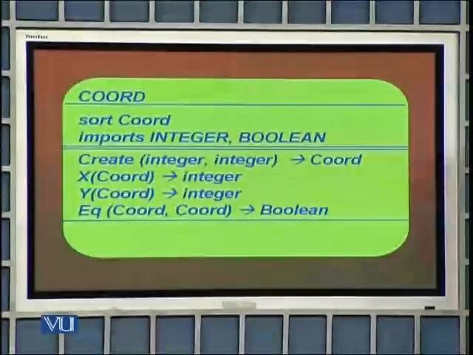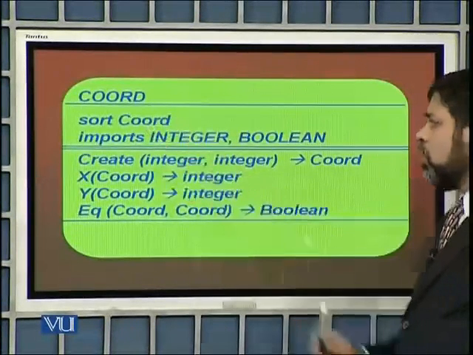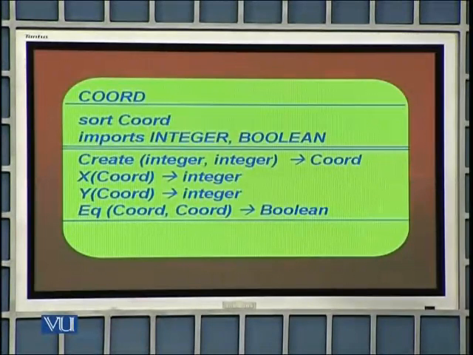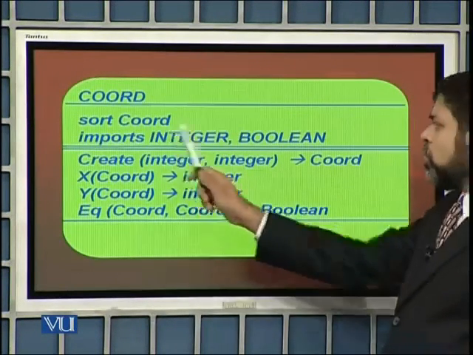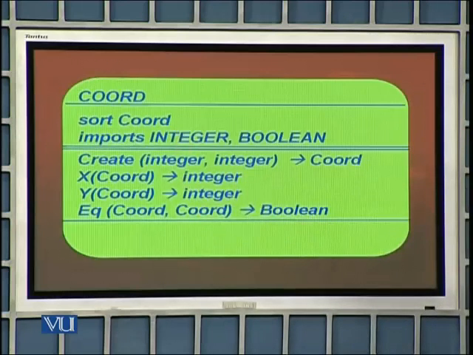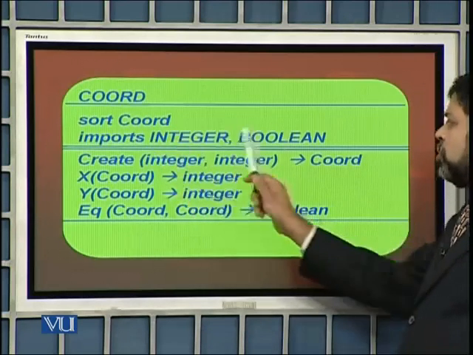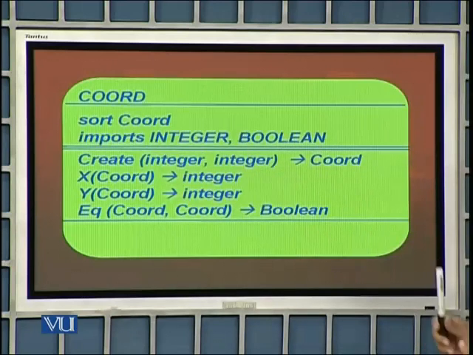In this particular example, we have the specification of a coord. This is a coordinate. So the name of the sort is coord. It imports integer and boolean, so it uses those.